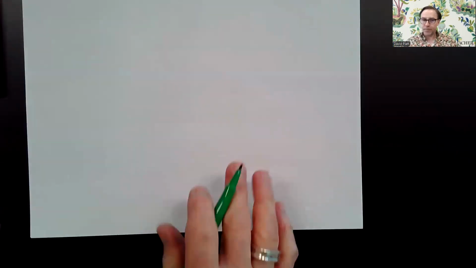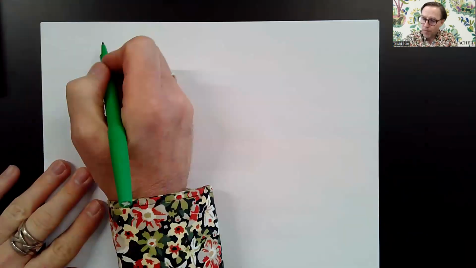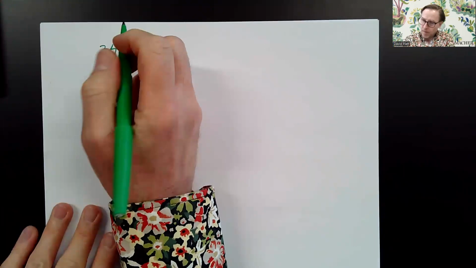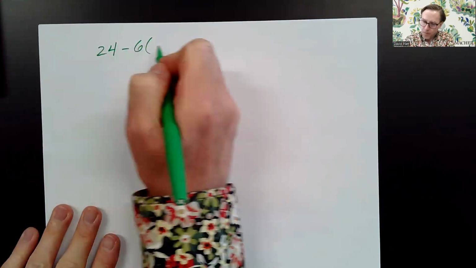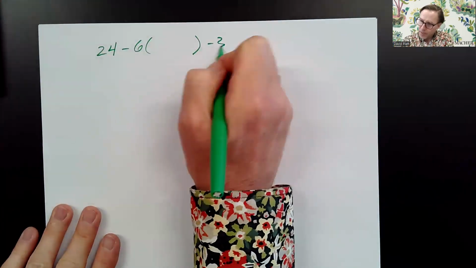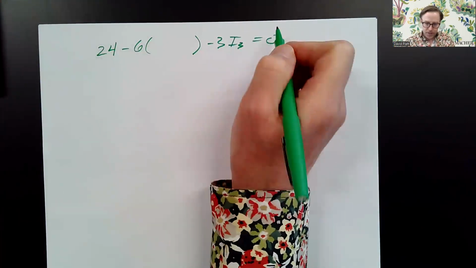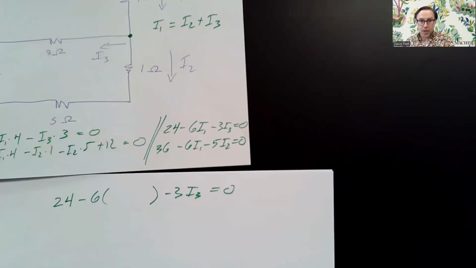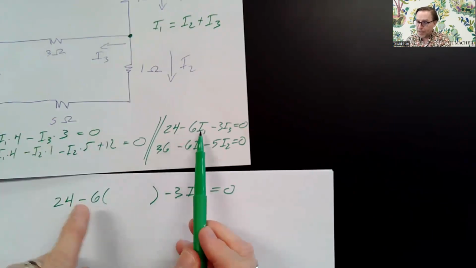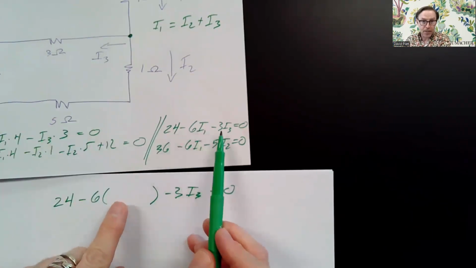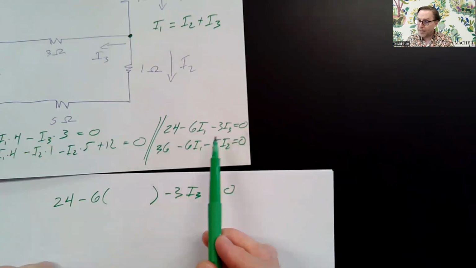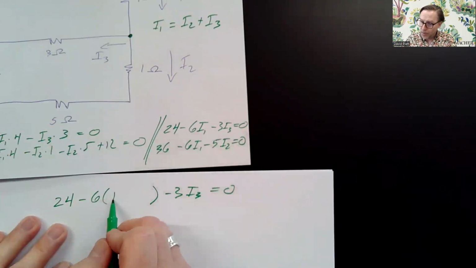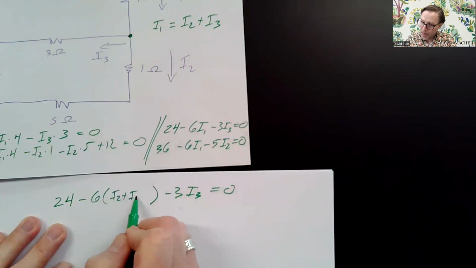I'm going to write 24 minus 6I1 minus 3I3 equals 0. So I wrote 24 minus 6I1 minus 3I3 equals 0. And instead of I1, I'm going to write I2 plus I3.